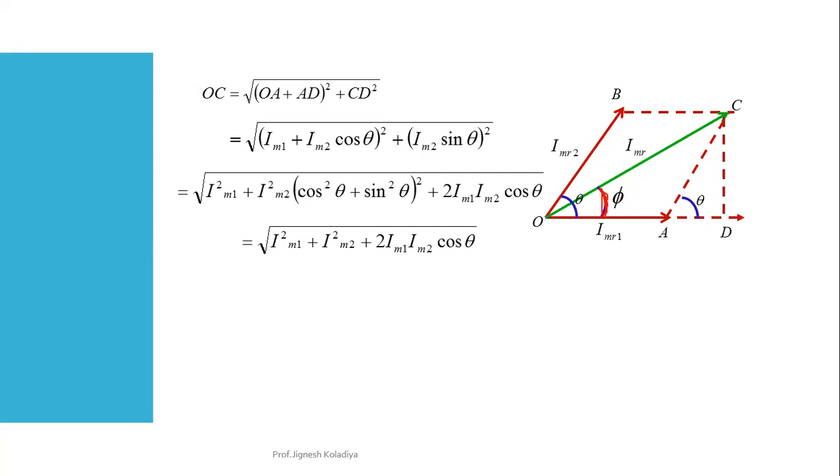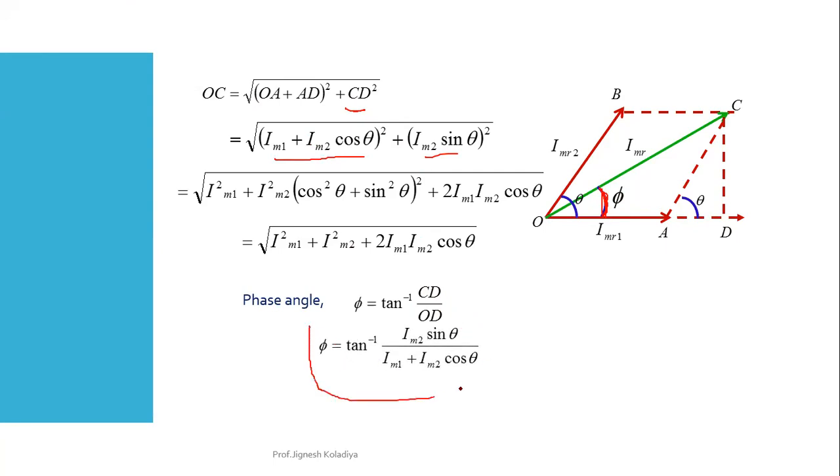For that, you have to consider again this bigger triangle and apply the tan phi. So tan phi is what? CD upon OD. CD I know, Im2 sine theta, and the whole OD I know, Im1 plus Im2 cos theta, right?